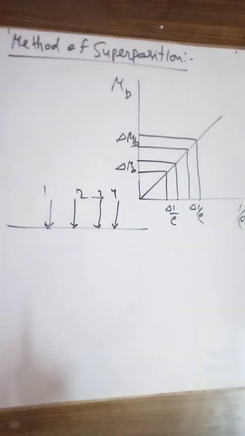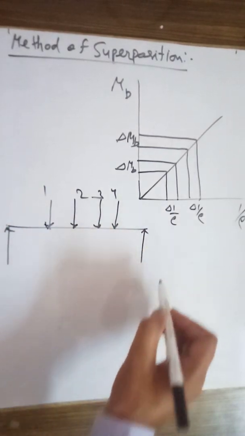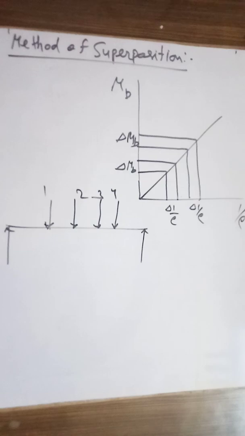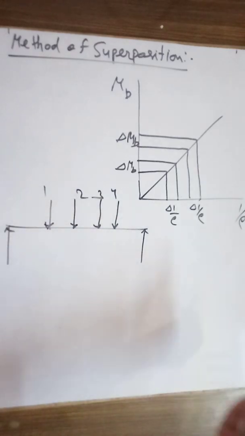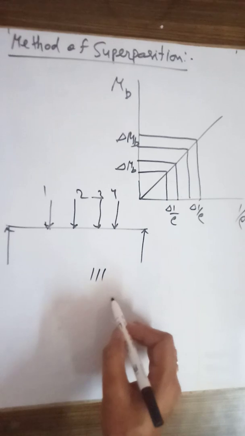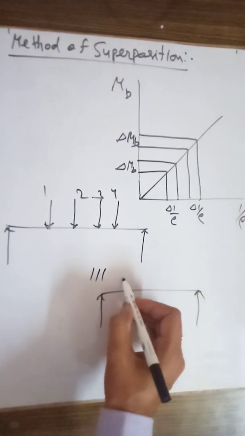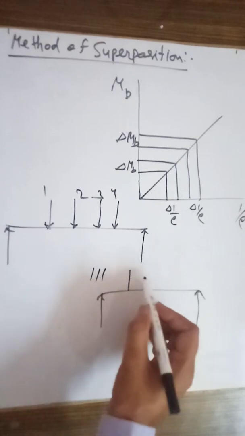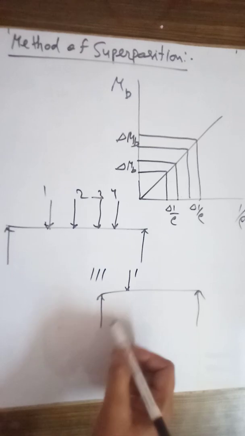Several loads are applied on that member, and these are the supports. This load system can be replaced by equivalent loads. Here load 1 is almost here, and this is equivalent to this.